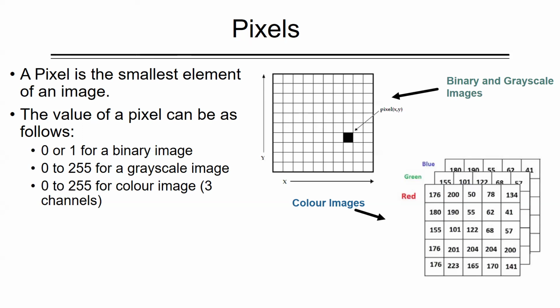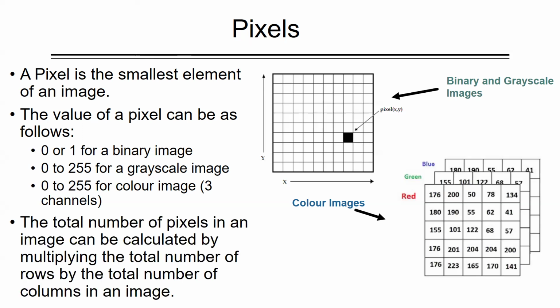When you combine those numbers, they'll give you that color that you're looking at. Generally, the total number of pixels in an image can be calculated by multiplying the total number of rows by the total number of columns in an image. And that's why you see some of our camera specifications are calculated in megapixels. How many pixels can the camera capture when you take a picture?